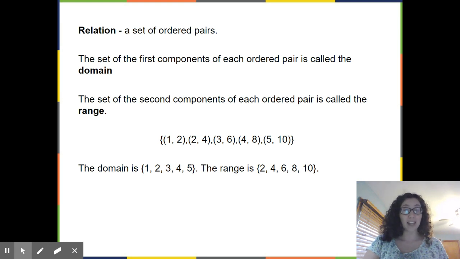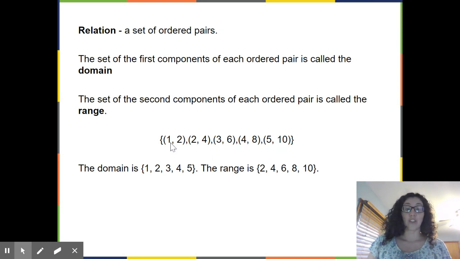And the set of the first components of each ordered pair is called the domain, and the set of the second components of each ordered pair is called the range. So hopefully those are words that sound familiar to you from previous math classes. So here we've got an example of a relation. We've got to have a set of ordered pairs, and in this case, the ordered pairs are made up of numbers: 1, 2, 2, 4, 3, 6, 4, 8, 5, 10.